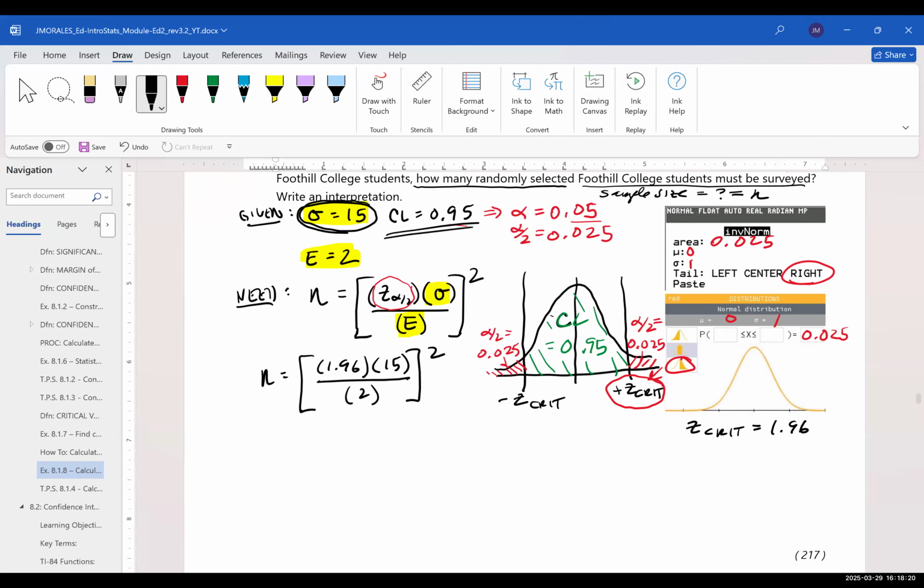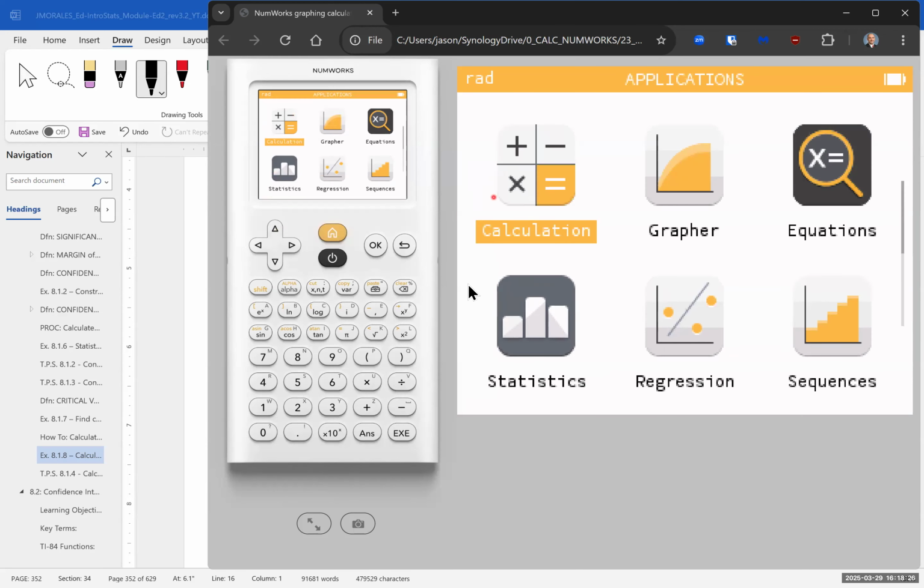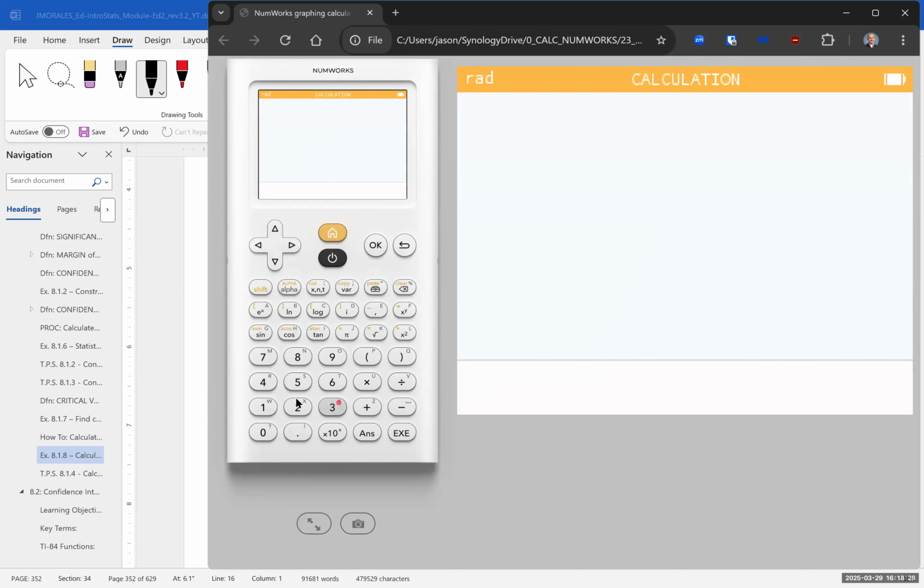The NumWorks calculator, let me do the same thing. So I need to get out of this and click Home. I'm going to go to Calculation, and I'm going to put 15, store that. Capital letter O is on the number 9 key, so Shift Alpha 9, like that.